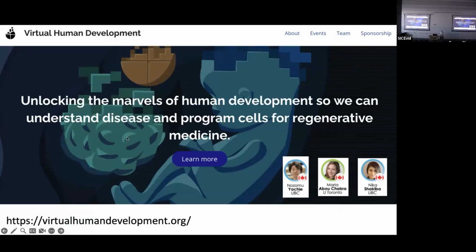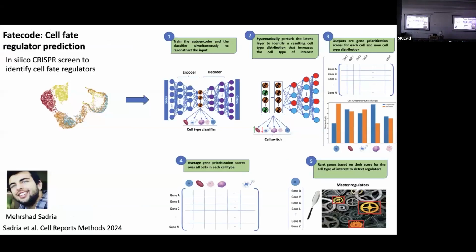But basically, they want to develop methods to simulate human development and link it to experiment, and have a really good conversation and cycles of iterative development that include experimentalists and modelers working together to develop good models of human development.